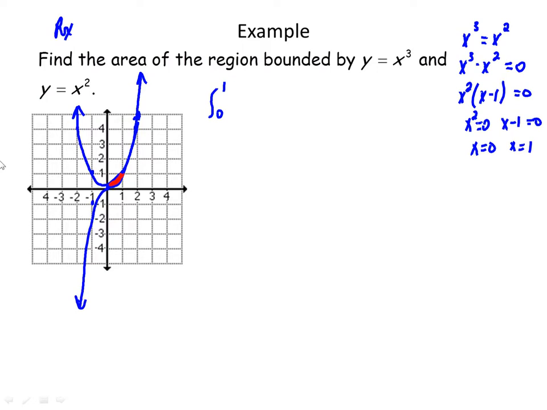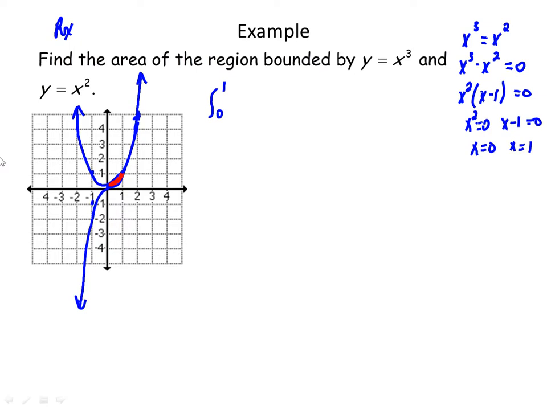Okay, since we chose x boundaries, remember when you're using your R sub x region, it's always going to be top minus bottom. So if we go to this little bitty area right here, which one's on top?